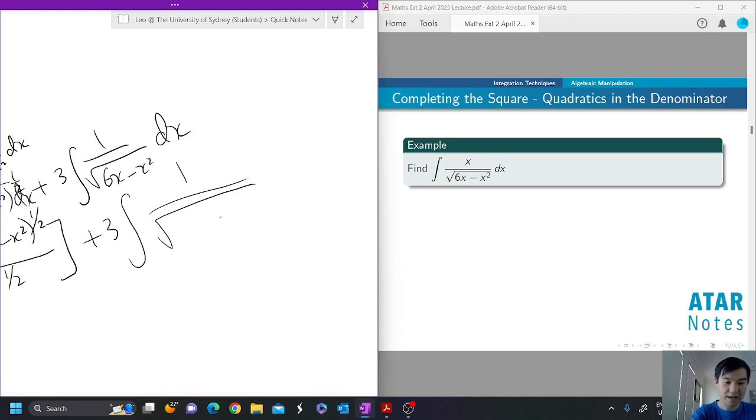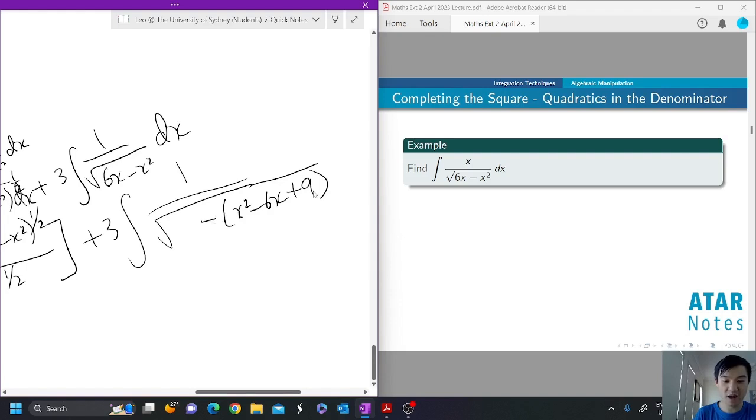This is the same thing as, minus x squared minus 6x. If I factorized out that minus, I would need a plus 9 within that bracket in order to complete the square here.